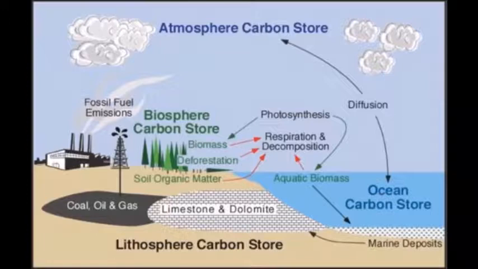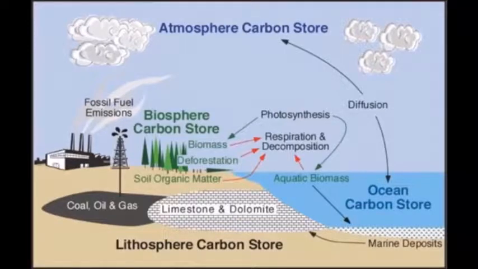Carbon dioxide is removed from the atmosphere by photosynthetic organisms such as plants and cyanobacteria, and used to generate organic molecules and build biological mass. Animals consume the photosynthetic organisms and acquire the carbon stored within the producers. Carbon dioxide is returned to the atmosphere via respiration in all living organisms.